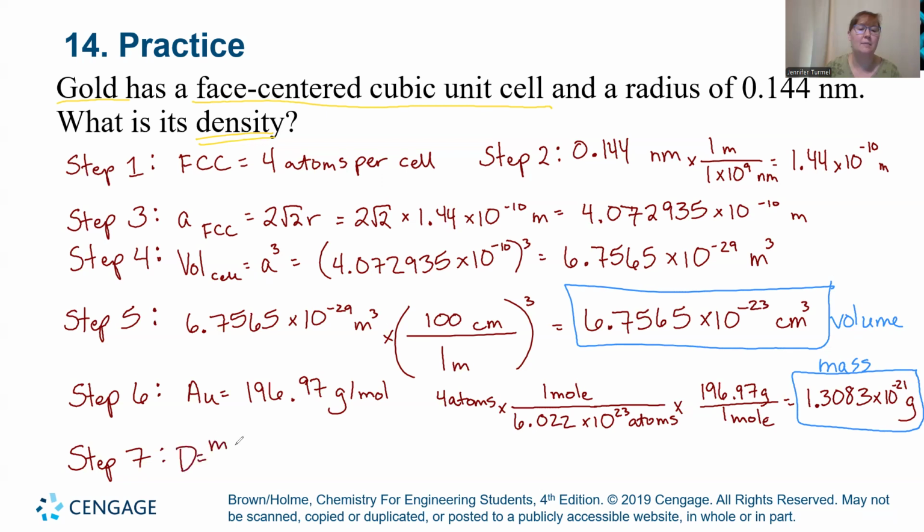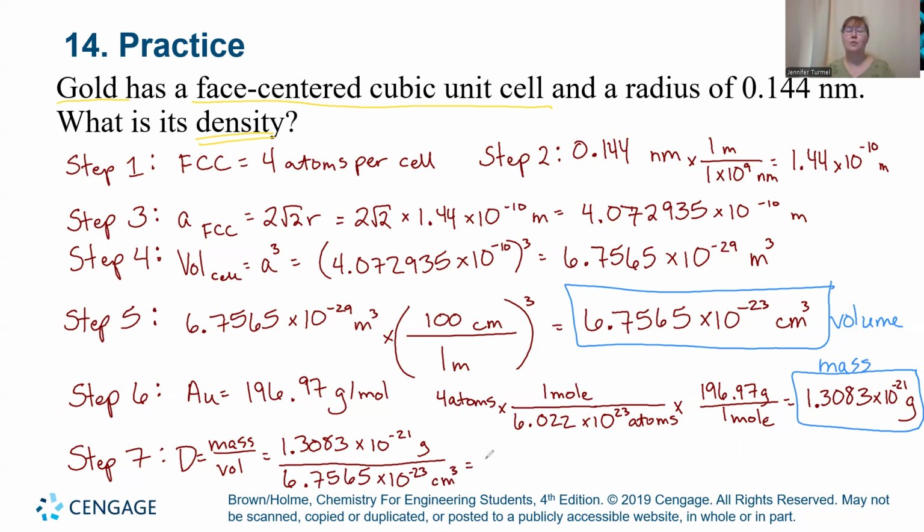And density, remember, is mass over volume. And so now I can put in my mass of 1.3083 times 10 to the negative 21 grams over my volume of 6.7565 times 10 to the negative 23rd cubic centimeters.